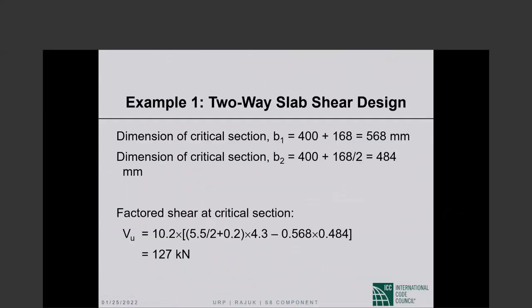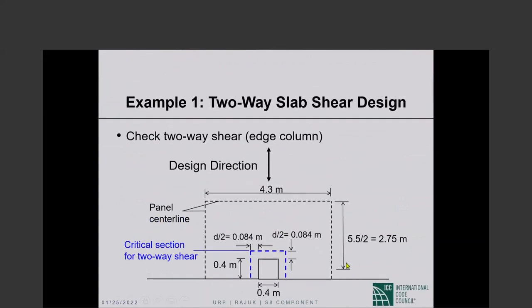Dimensions of critical section, as I just said, 484, 568. Factored shear at critical section is the load, 10.2. Then the entire panel area: width remains 4.3, 5.5 by 2. So 5.5 by 2 is this distance, and then the edge distance from the center of the column to the edge, that's another 200 millimeters that is added.